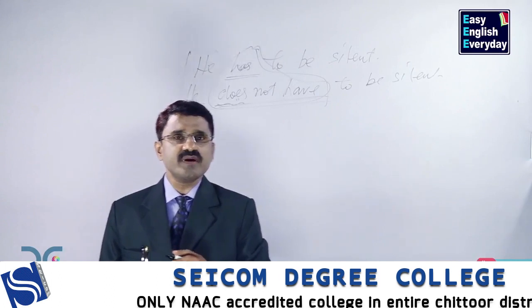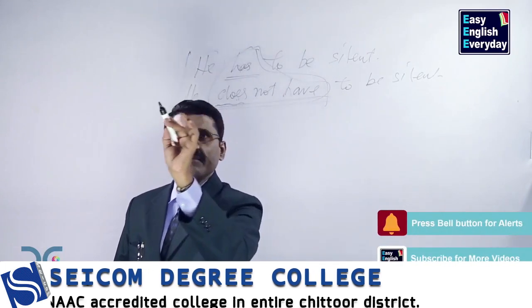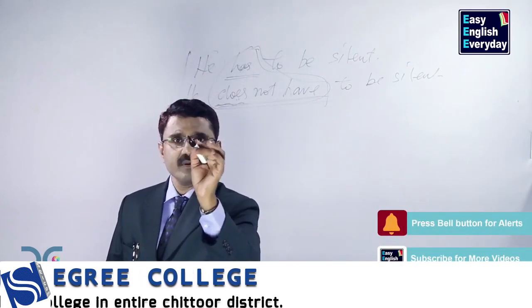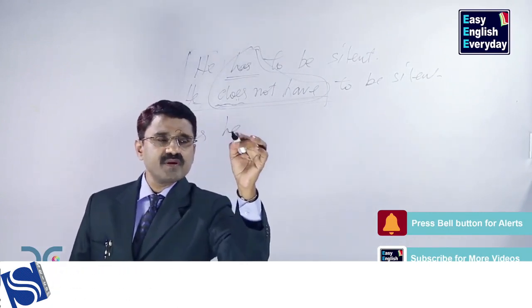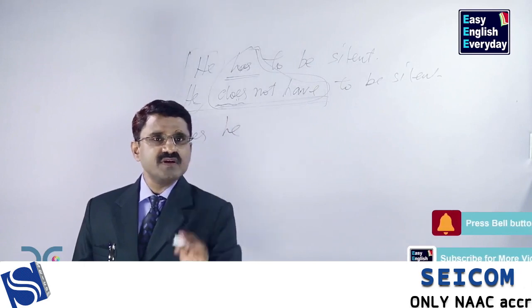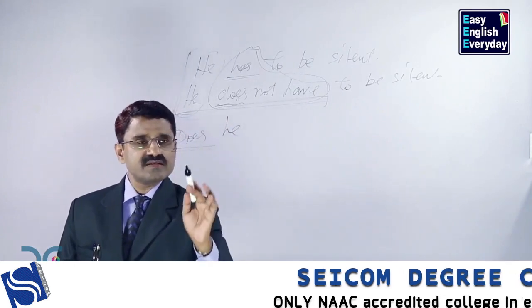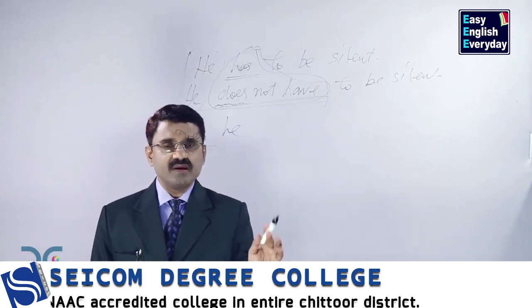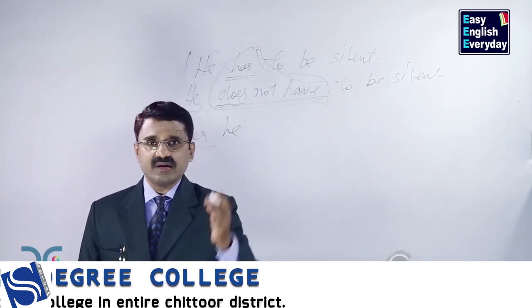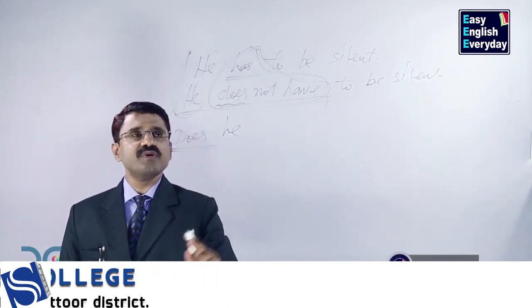Now let us see how to make the question forms. Bring "does" here. Then bring "he" here, because when "does" enters the sentence, "has" goes away. Either "has" or "does": any one of them should be there.